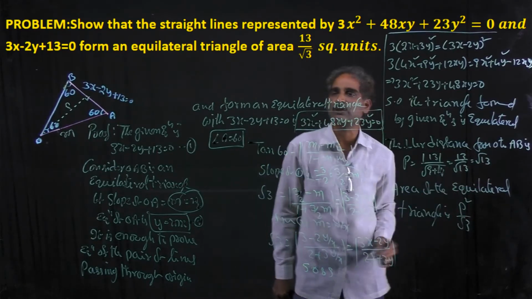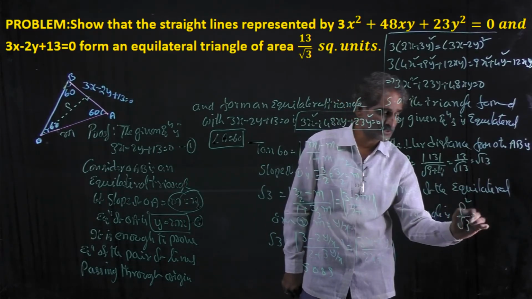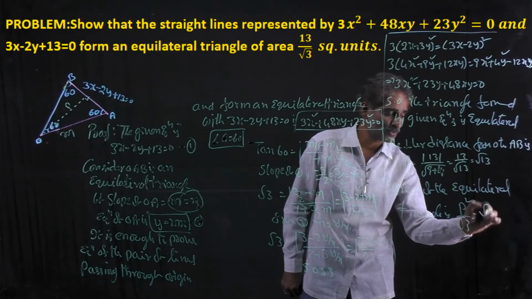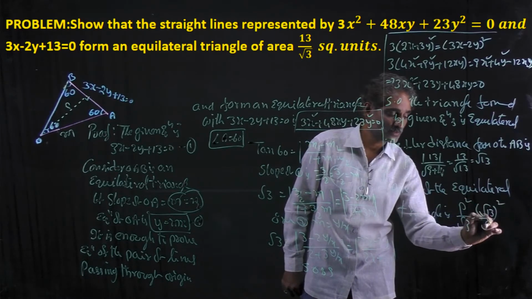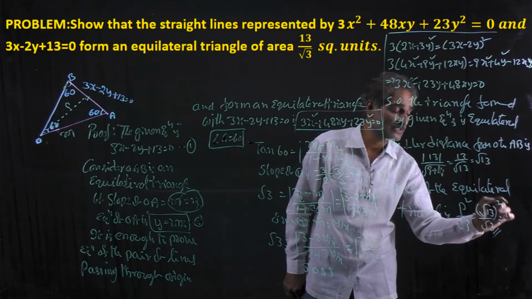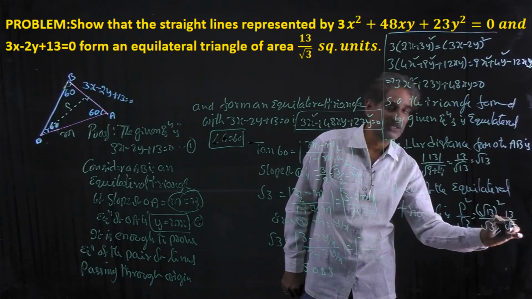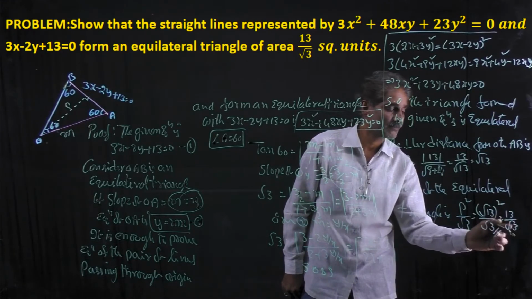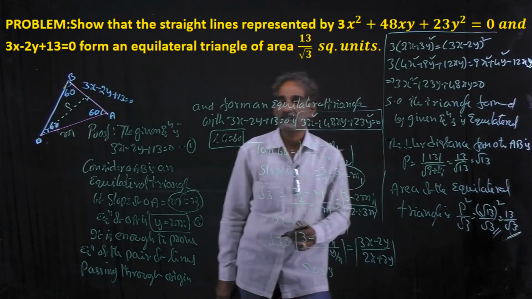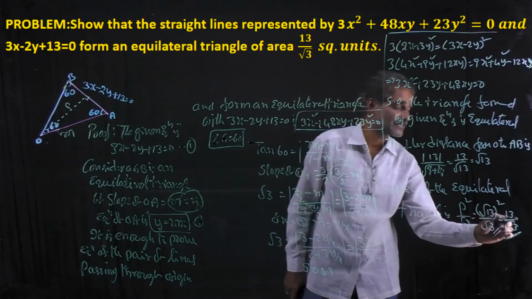Here the P value is root 13, so this is equal to root 13 whole square by root 3, that is 13 by root 3. This is the area, square units.